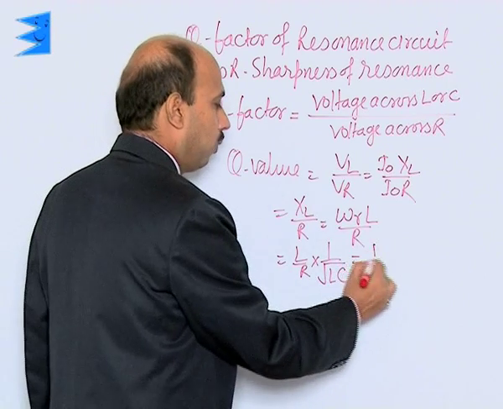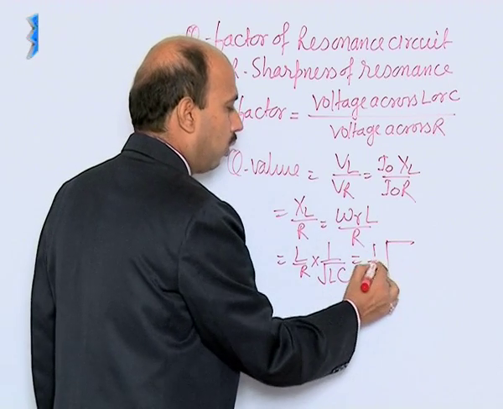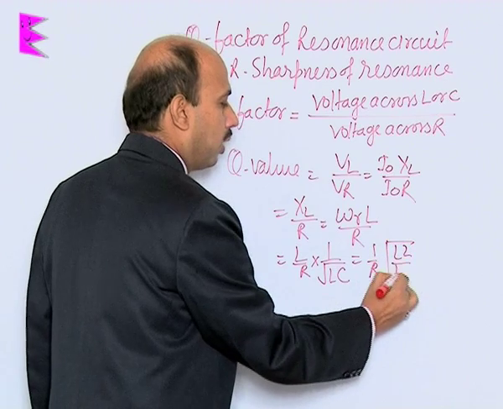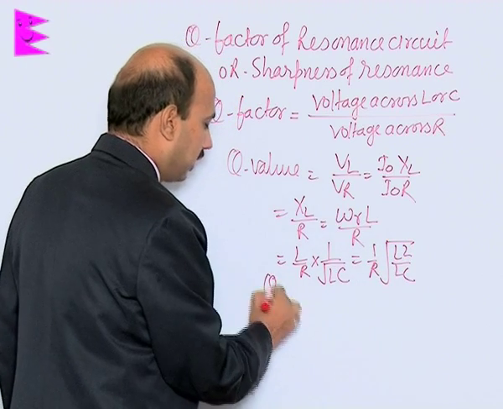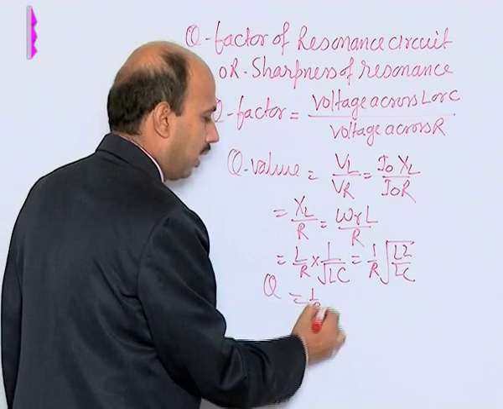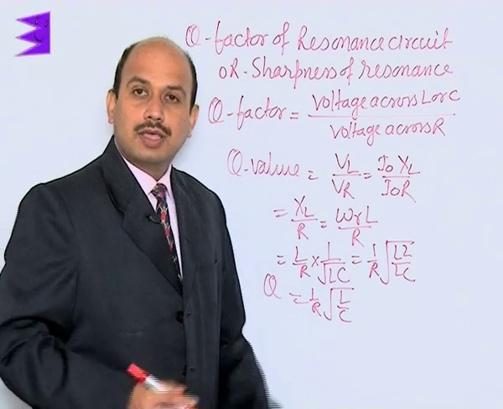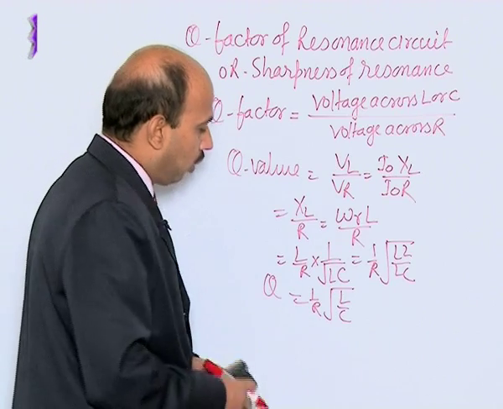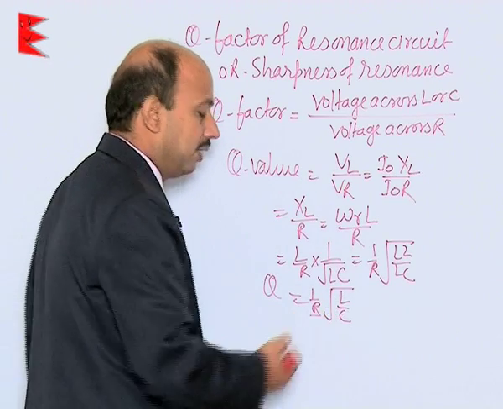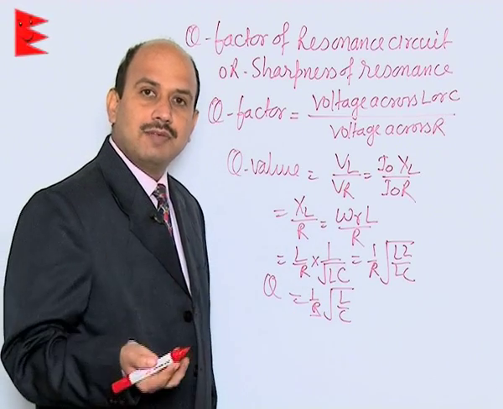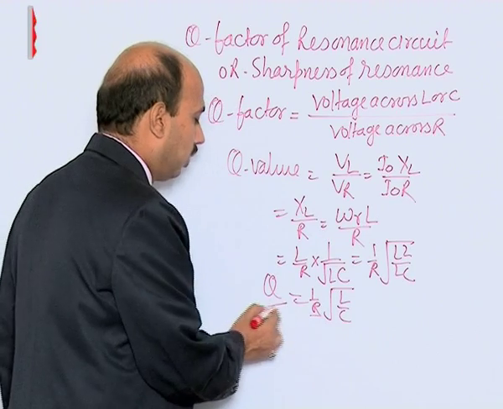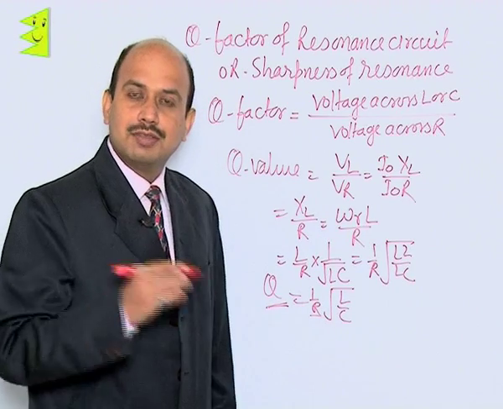So we can write 1 upon R times the square root of L square upon LC. So Q is equal to 1 upon R times the square root of L upon C. So the Q value of the circuit depends on R, L and C. If you increase the value of the resistance, the Q value or quality factor decreases.